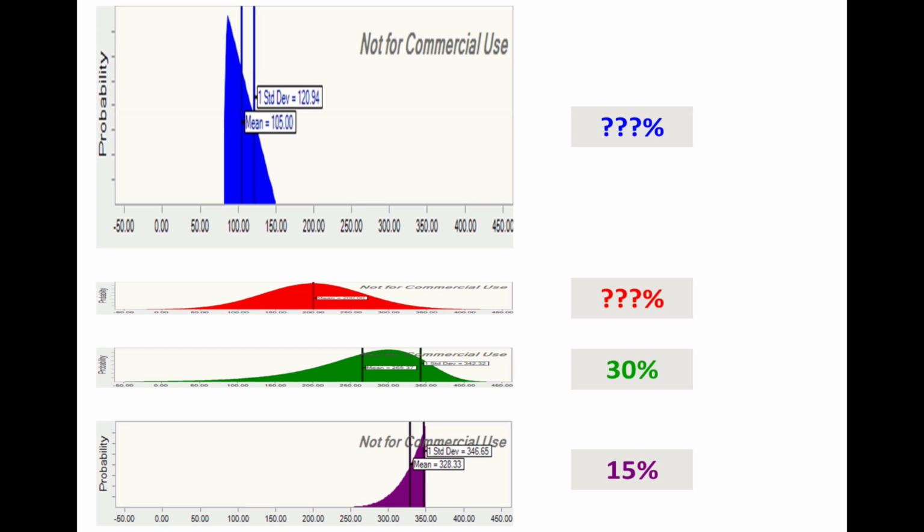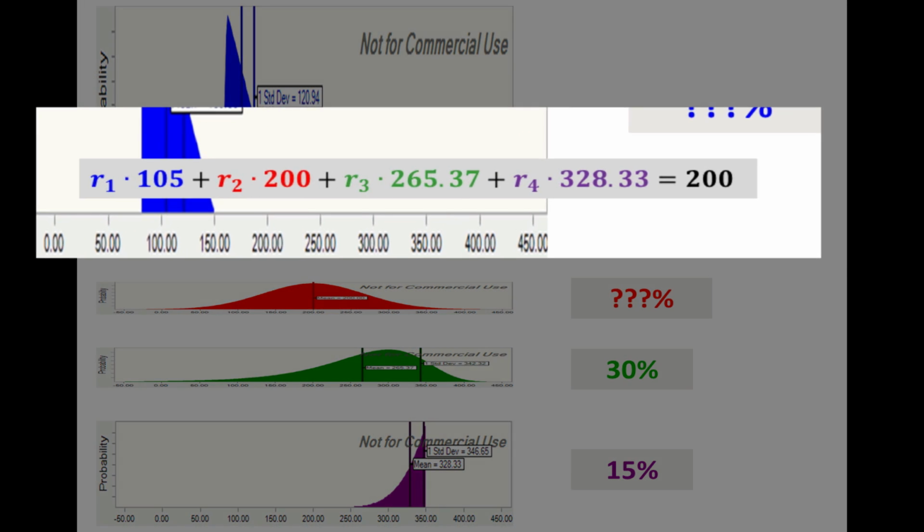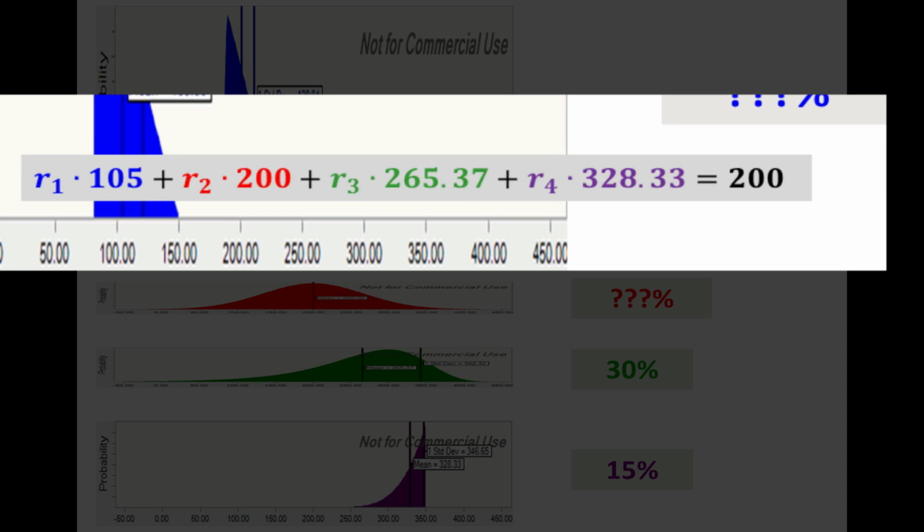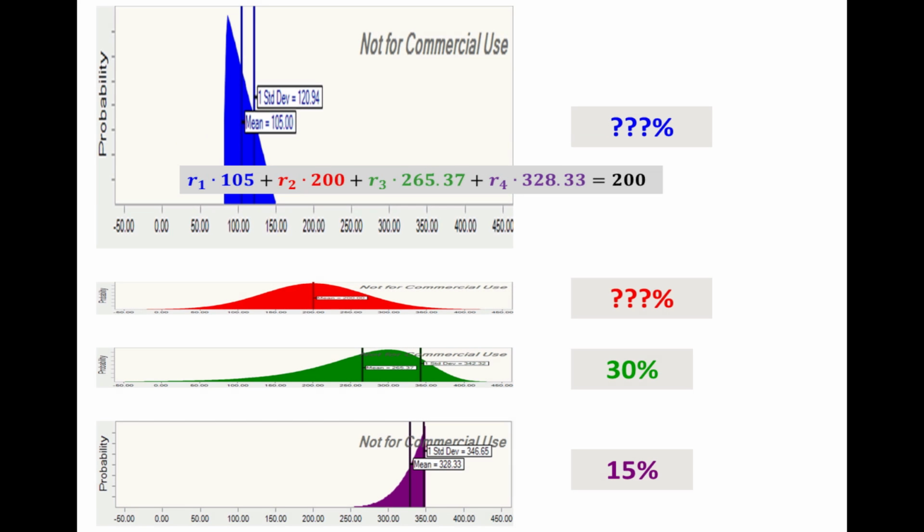because the overall mean of the entire population will be just the weighted average of the means of the individual populations. Since I want that to be 200, I need to have R1, the weight I assigned to distribution 1, the triangle distribution, times 105, plus R2 times 200, plus R3 times 265, plus R4 times 328, must equal 200.